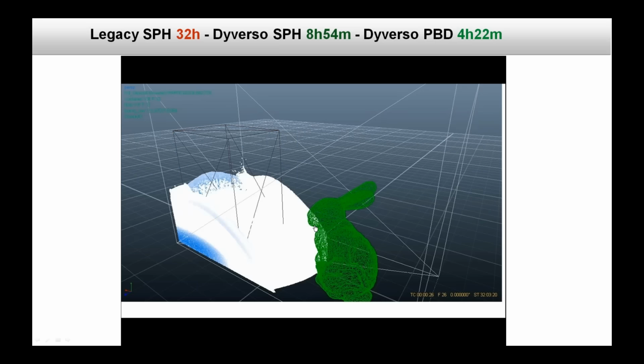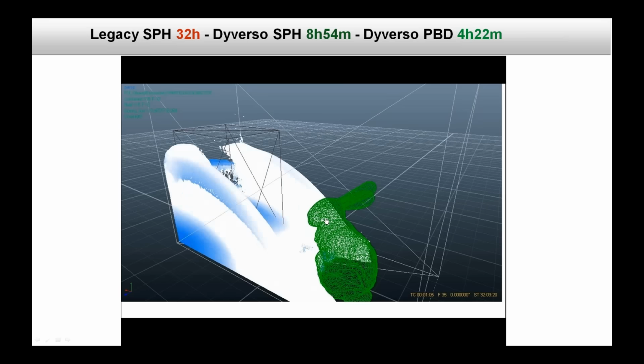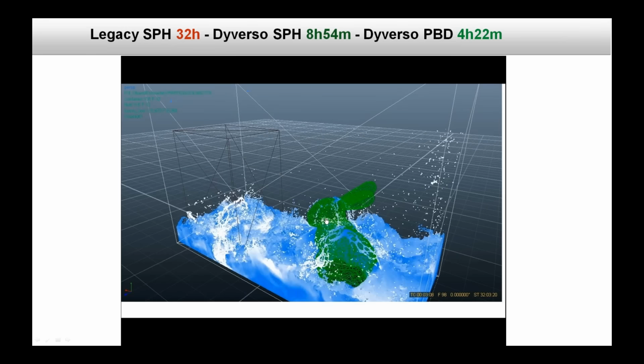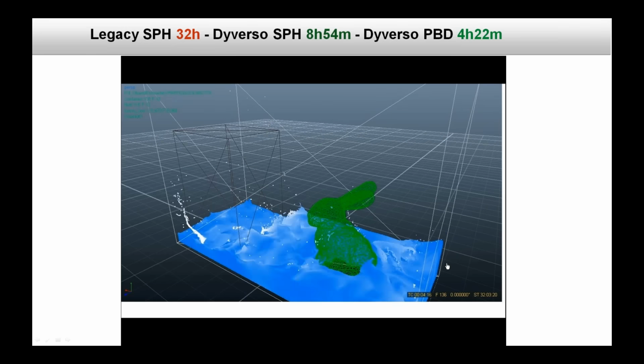Okay, can you see the video? This is a scene we simulated in RealFlow 2015 with the legacy SPH and next with the new SPH and PVD solvers. For the legacy SPH solver, this simulation took 32 hours to simulate.